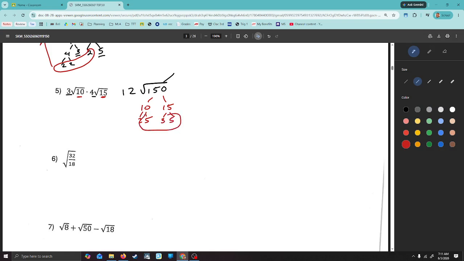I have a pair of 5s here. Because I have a pair of 5s here, that's going to go on the outside and multiply with the 12. So it's going to be 60. Left over, I put 2 and the 3. So 60 root 6.